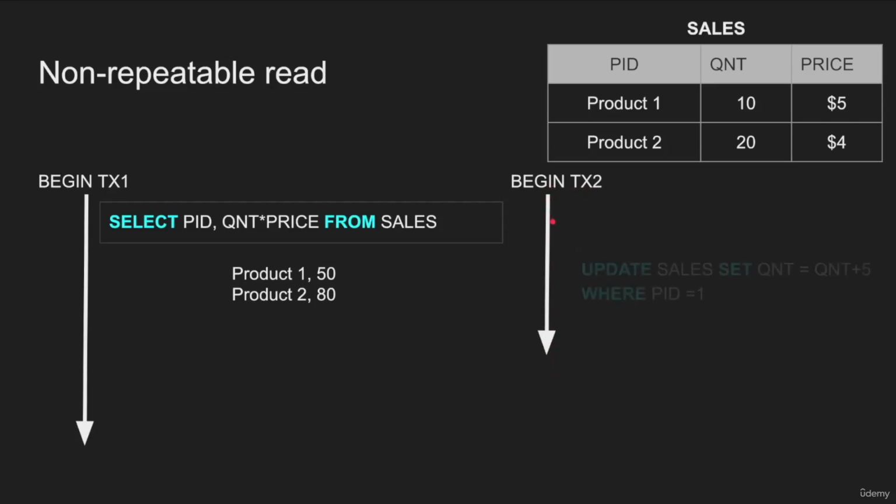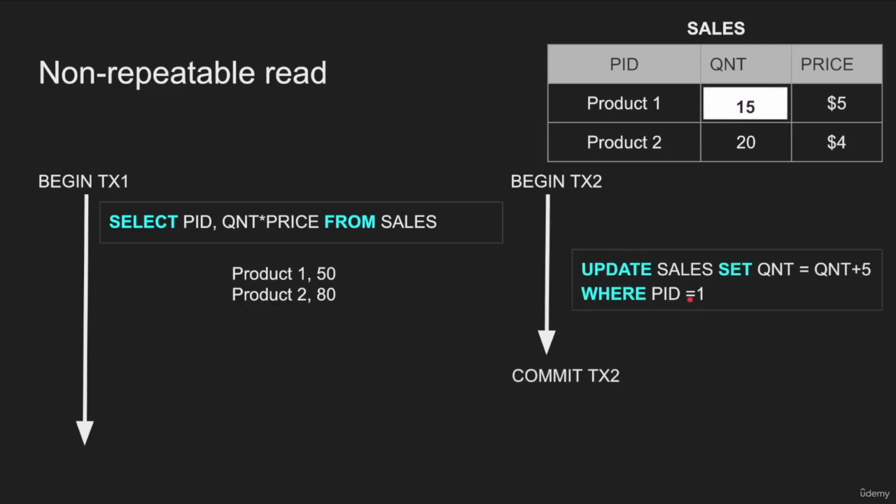Because here's what I'm going to do. This time, I'm going to make the sale, and guess what? I'm going to actually commit the change before the second transaction makes the second query to do the sum. Look at this. So we actually persisted. This is not a dirty read.